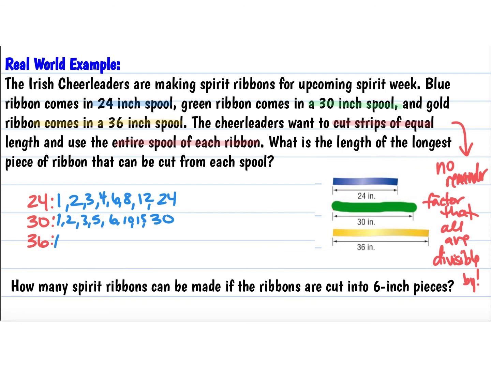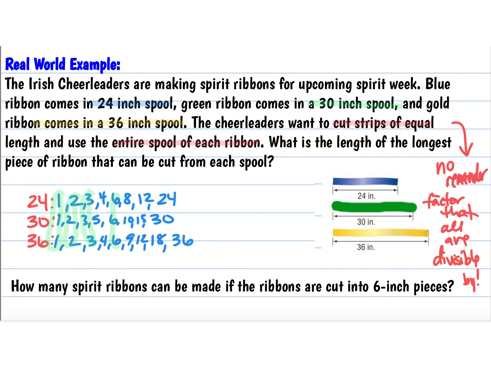For 36, 1 times 36, 2 times 18, 3 times 12, 4 times 9, and 6 times 6. So I look for those common factors. They obviously all share 1. They share 2. They seem to share 3. Not 4. They share 6. And that looks like it. So our greatest common factor here is 6.